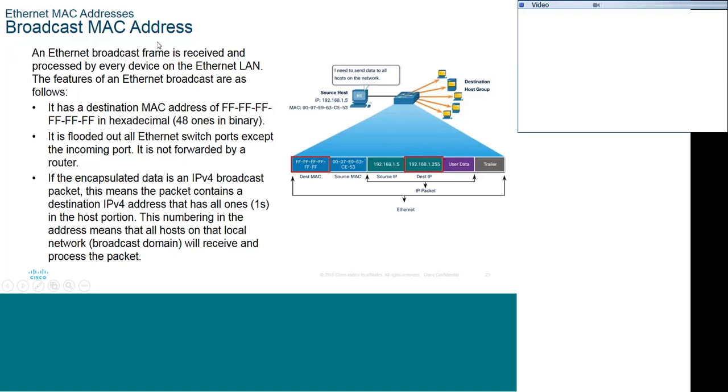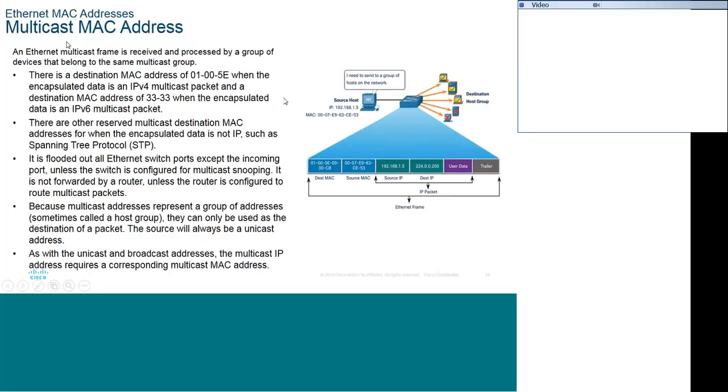Multicast MAC address is an address sent from one source to a group of hosts in the network.